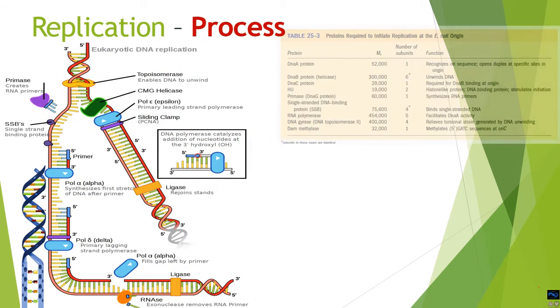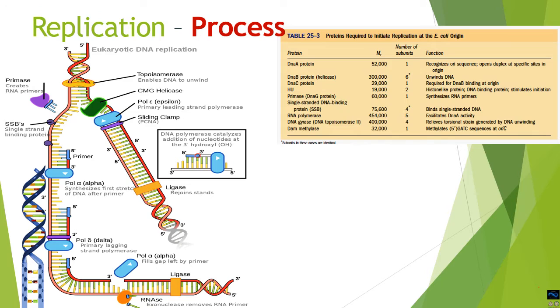So in a process of replication, these are the enzymes or the accessory factors in addition to the polymerases which are needed. The table here is given for the E. coli initiation phase of the replication. Different proteins are listed here. Particularly what we need in the E. coli cell is the DnaA protein, DnaB protein, and DnaC protein.